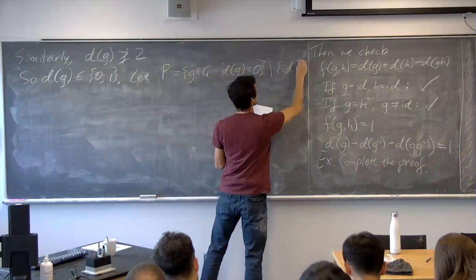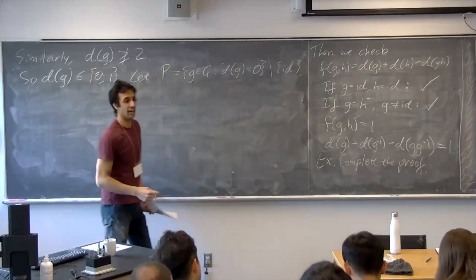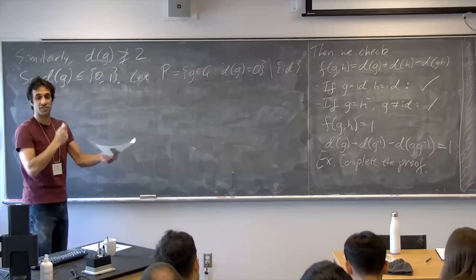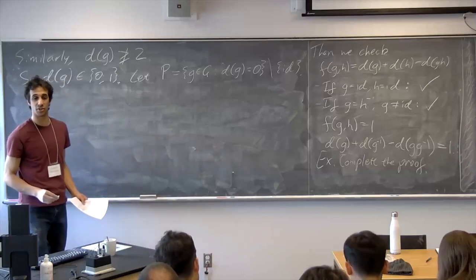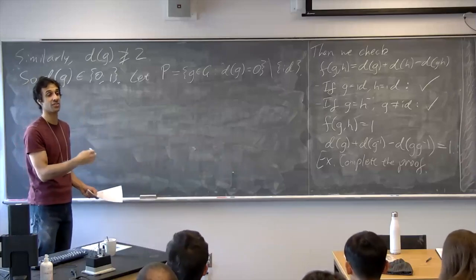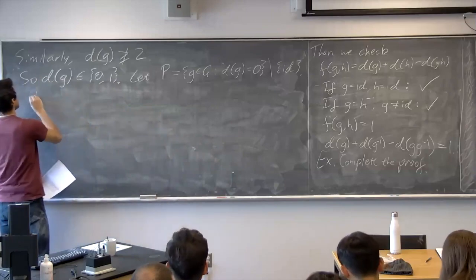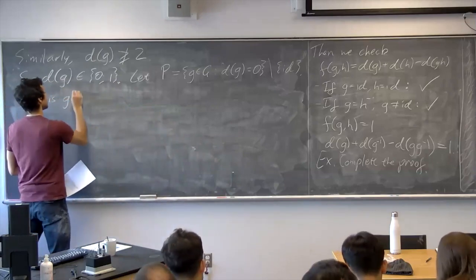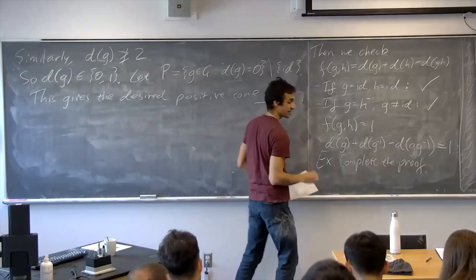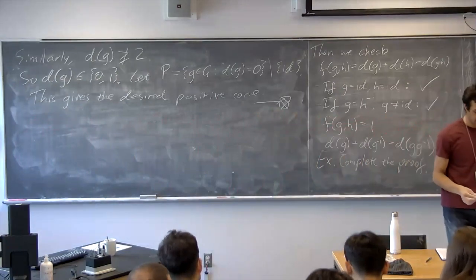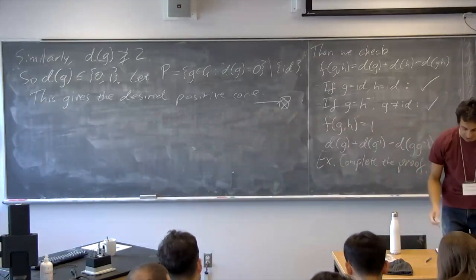So it's actually a positive cone. Then you unwrap the definitions of F and d, and check that this gives you a positive cone for F. So it's a secretly left ordering. Sketchy proof for sure, but that's the general construction.